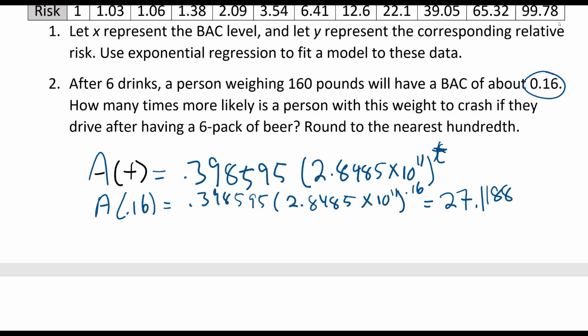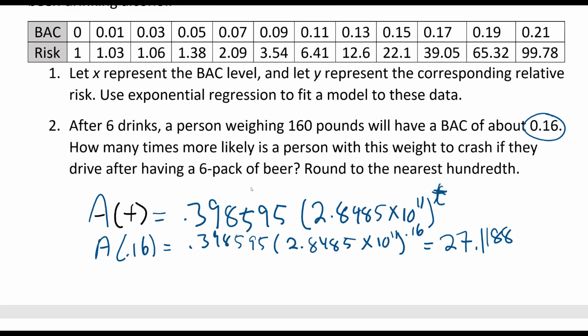There can be some slight calculation differences. So they came out with 26.35, and I came up with 27.1188. Unless I had entered the data set incorrectly, but I think that's pretty spot on. They're still pretty close. So we'll go with that, and that is our exponential regression.